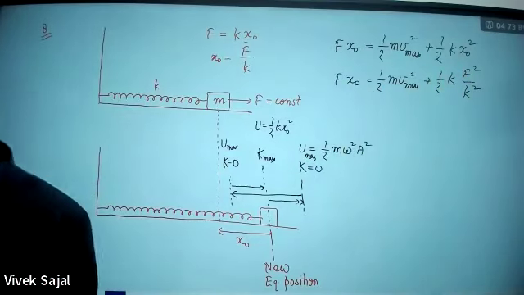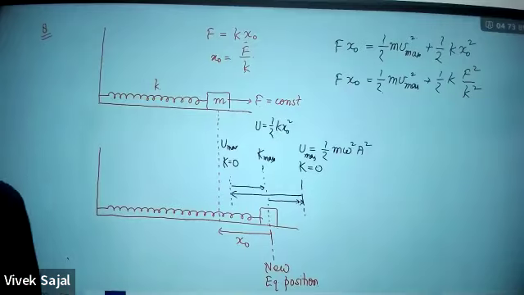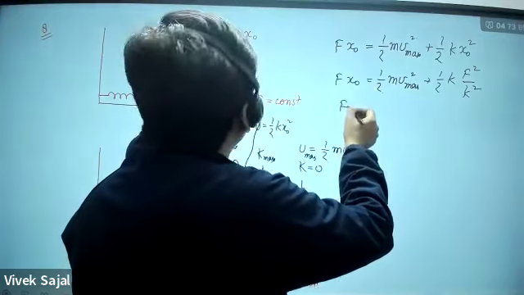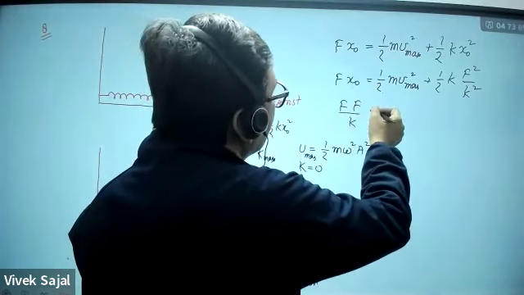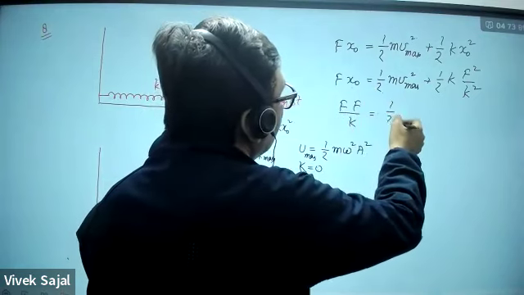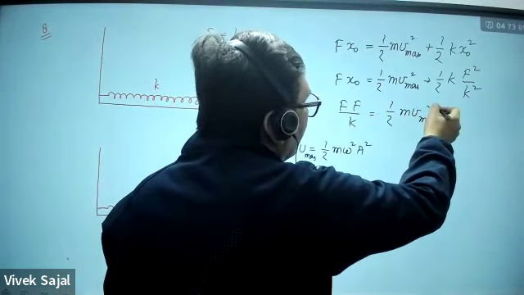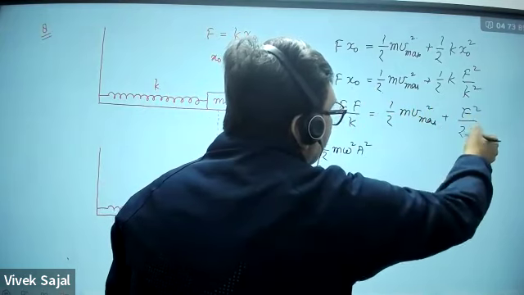Whatever options are given, look into the options. They are providing answers in F, m, and k. So convert this x naught. This will be F upon k. So F square upon k is equal to 1 by 2 m v max square plus F square upon 2k.